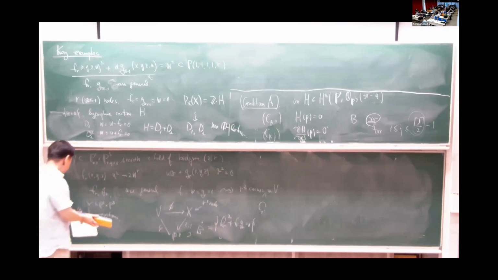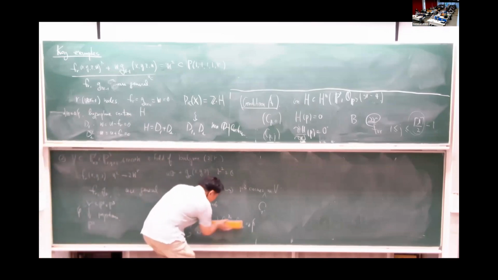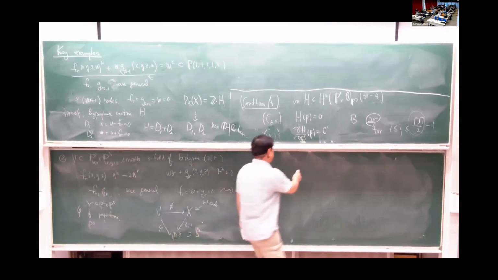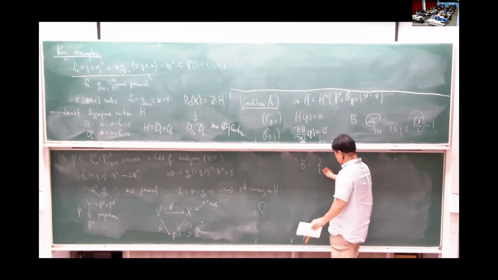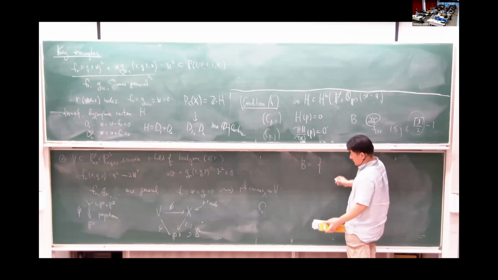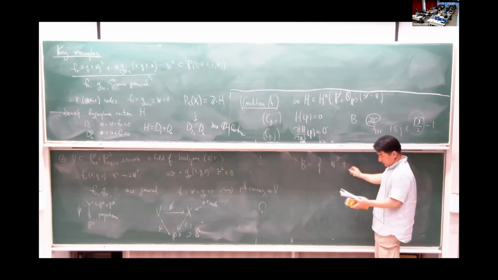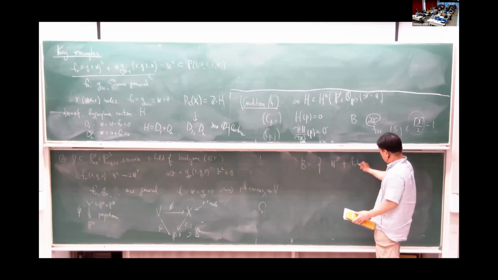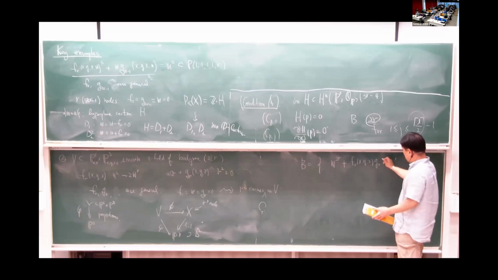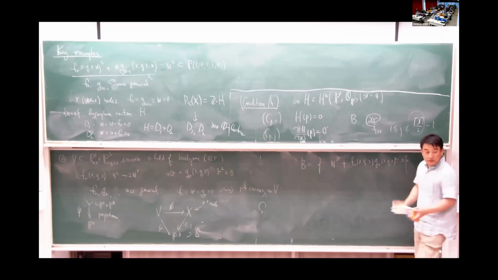Now our ramification divisor B here. Let me discard. So this is okay. This is W to the 2r and F_r(X, Y, Z) times G_r(X, Y, Z) equal to 0, right?